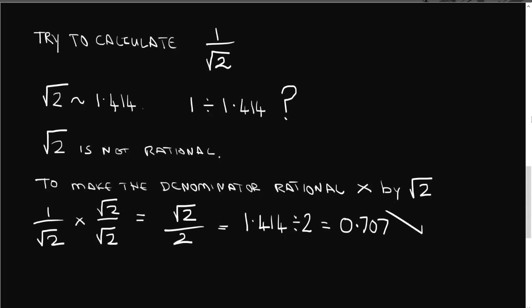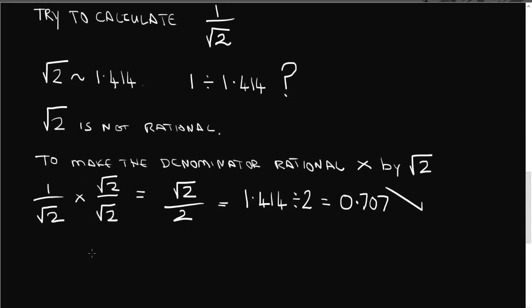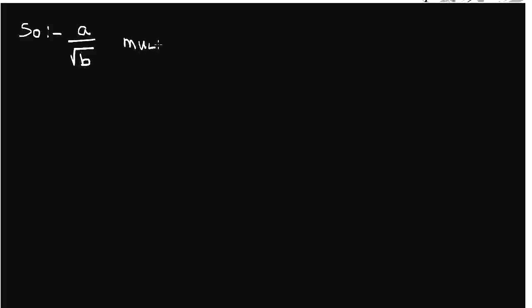So we have a tick for that. So it's just a method of what we're doing is we're making the denominator into a whole number integer that we can divide quite easily. So we can say then that a over root b can be rationalised by multiplying the top and bottom by root b.